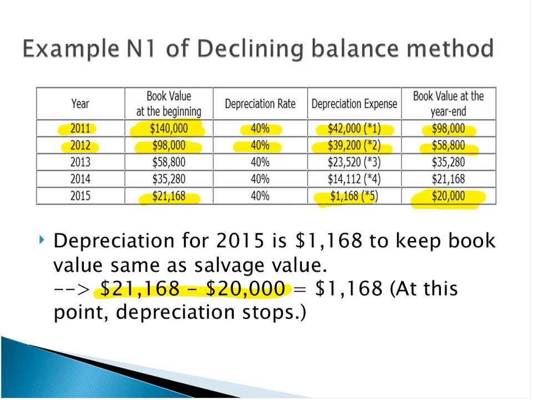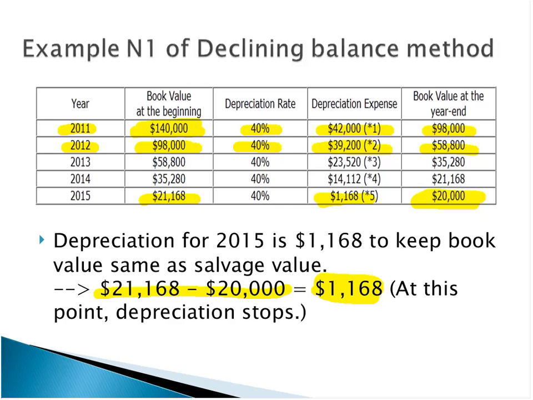So as you can see, in the 5th year of using this equipment, we have got 1,168, which is the depreciation cost. So it's already a small amount, and at this point the depreciation would be stopped because we are going to resell this equipment. You remember, it says that the company will use it only 5 years and then sell the equipment.